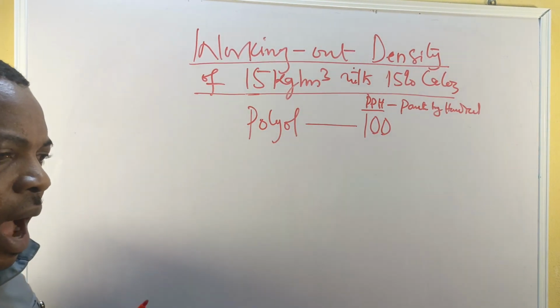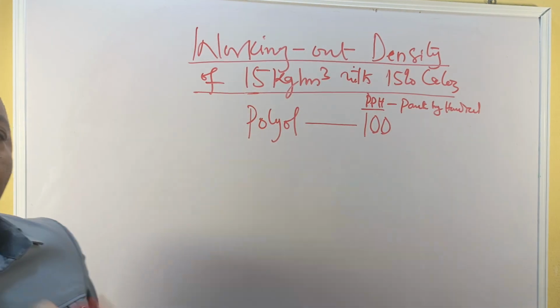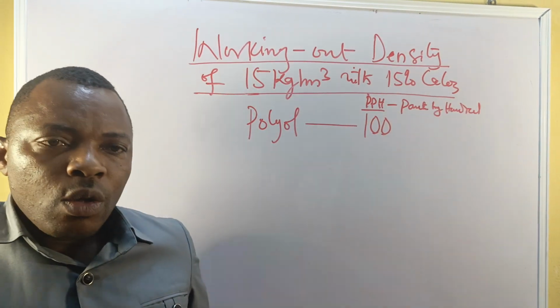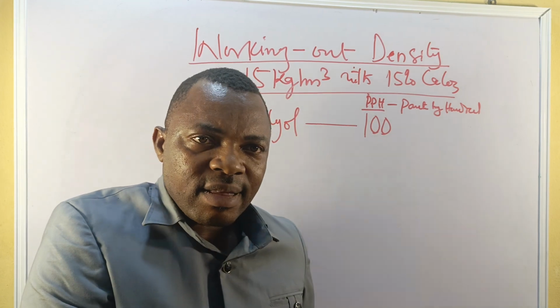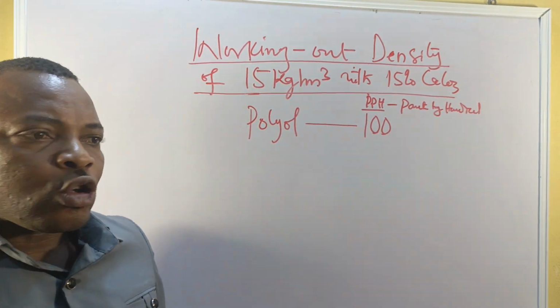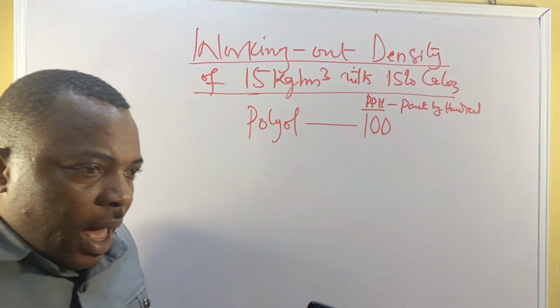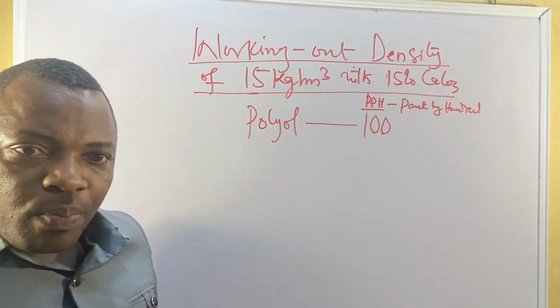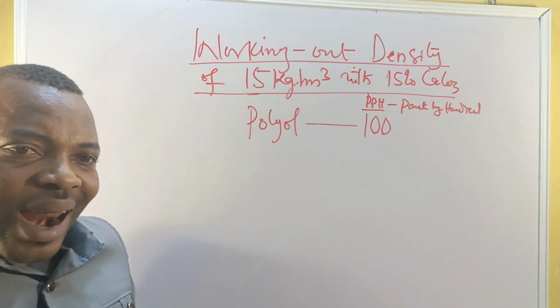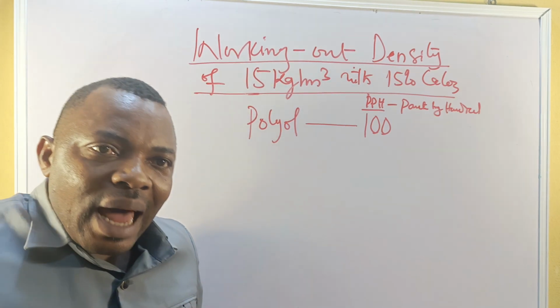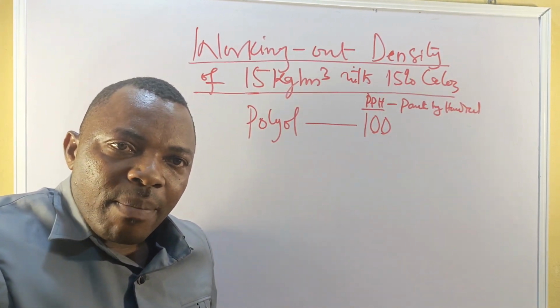You understand? And mind you, when you are working for a density, to set up a density, not assuming on your paper setup, you have to carry out what we call a laboratory scale to confirm that density.